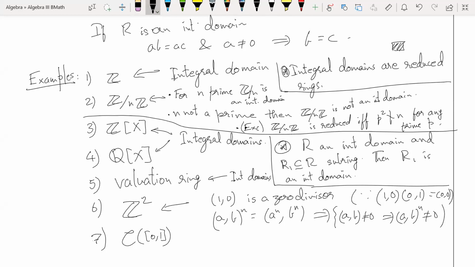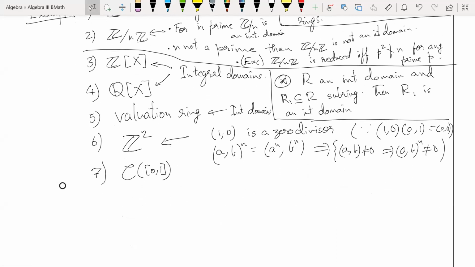And then this is a somewhat crazy ring. This was continuous functions on the 0-1 interval, the set of all real valued continuous functions.